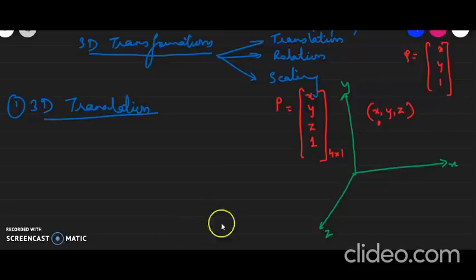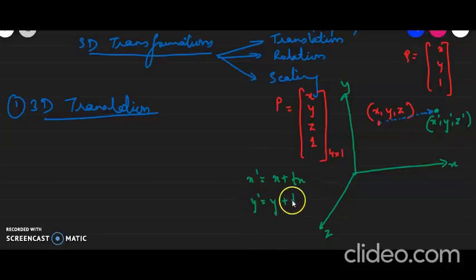So our first transformation is 3D translation. That means I want to shift this object to say this particular location, right? And this becomes my x dash, y dash, and z dash, right? We have also seen the formula to do this. X dash is equal to x plus tx, y dash is equal to y plus ty.